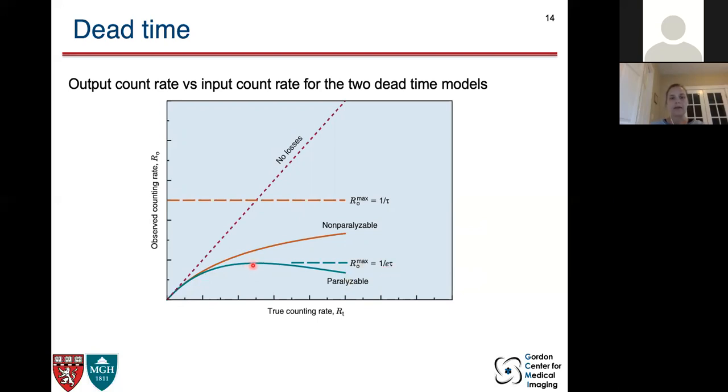If we increase the true count rate beyond this threshold, the system is so paralyzed that the observed count rate will go down with increased true count rate. So for high count rates, the dead time losses of our system can be really significant, really severe, which will essentially cause a loss in efficiency.